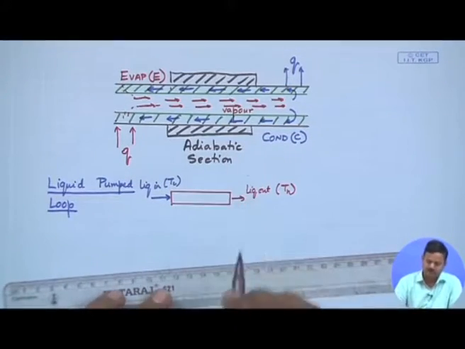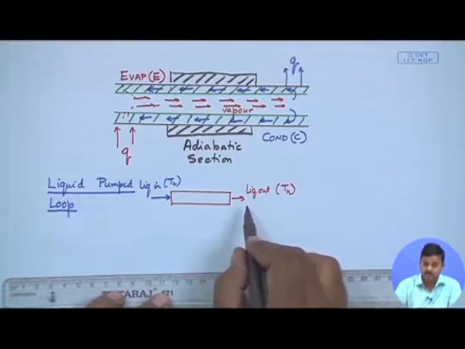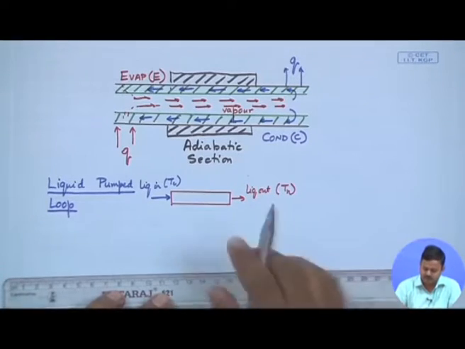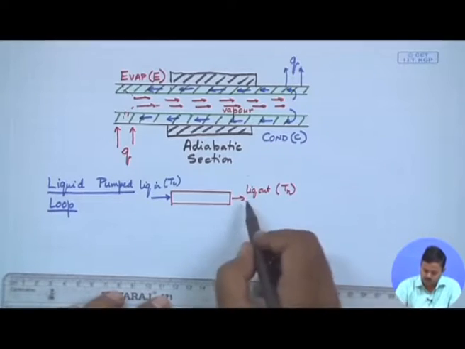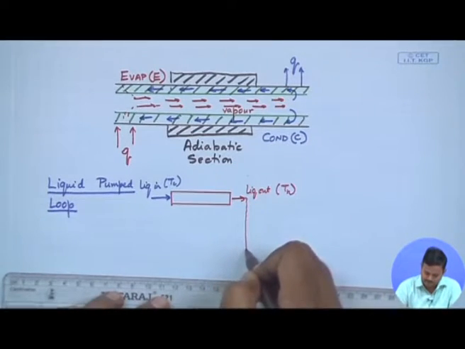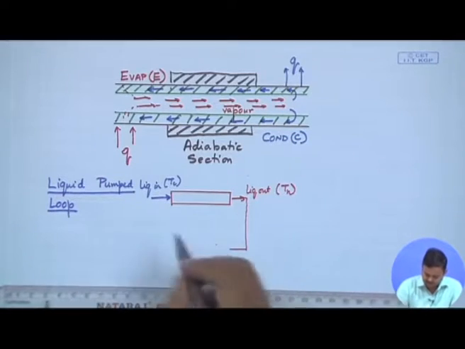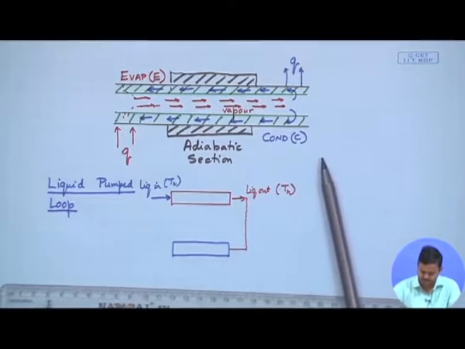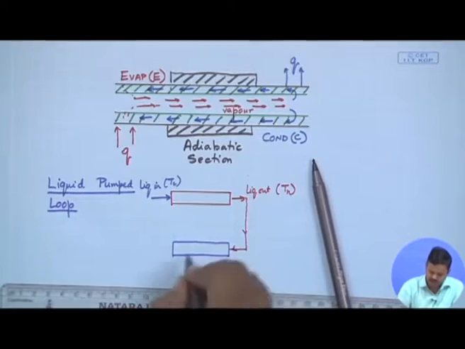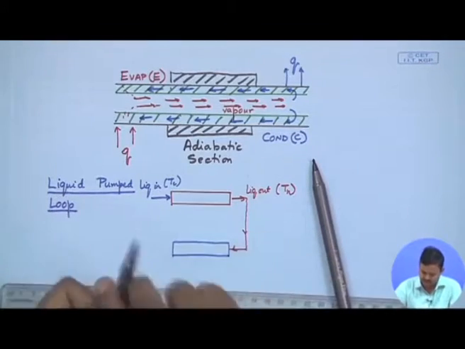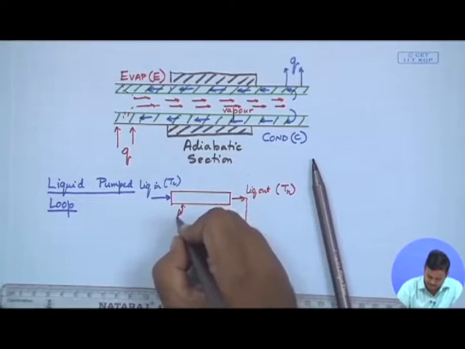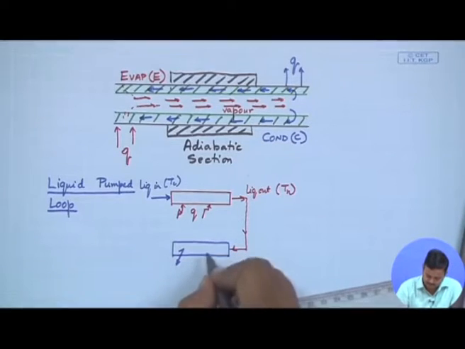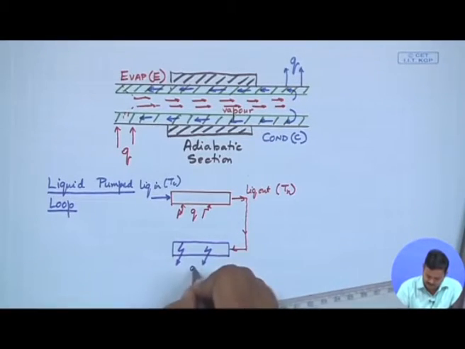Then what happens? The hot liquid, because this is liquid, we cannot just reject it to the ambient. So, we let it go through a loop, and we bring it to another section where we have another heat exchanger, where this hot fluid has to reject the heat. Over here there was heat addition, and over here there is heat rejection.